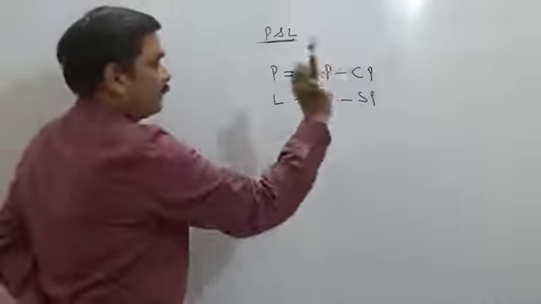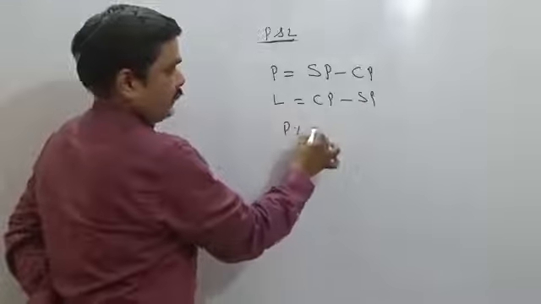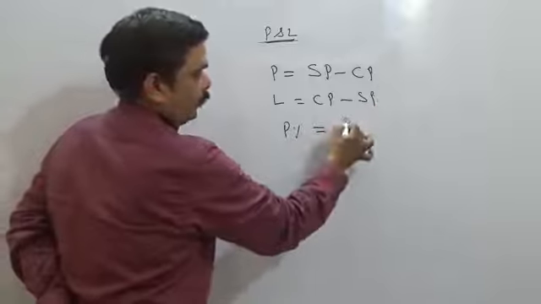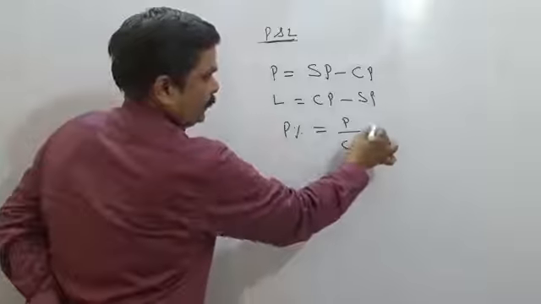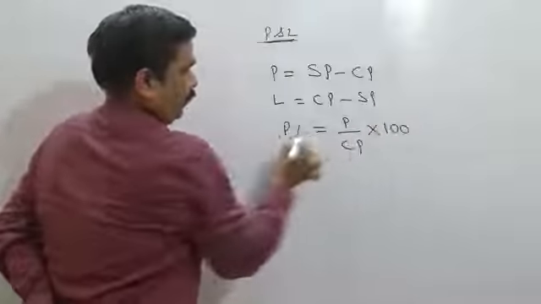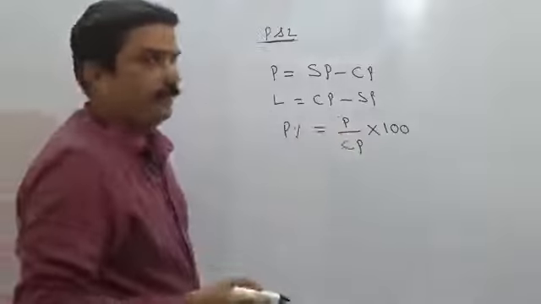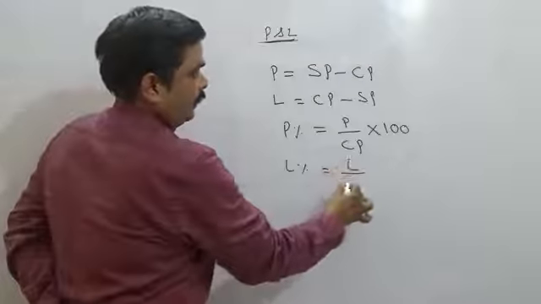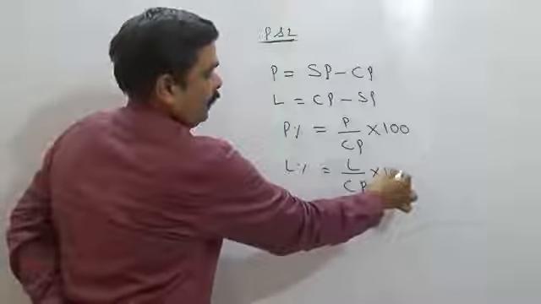Then profit percentage is equal to, always on the cost price, profit divided by cost price into 100. You will get profit percentage. Then loss percentage is nothing but loss divided by cost price into 100.